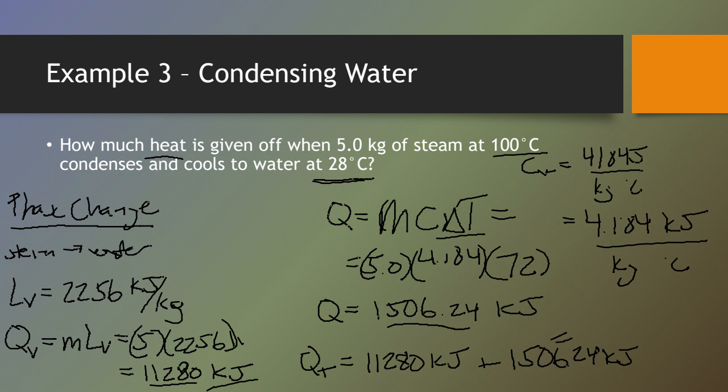Let me put this in the calculator real quick, you guys. 12,786.24 kilojoules. Notice that most of that heat comes from the phase change.